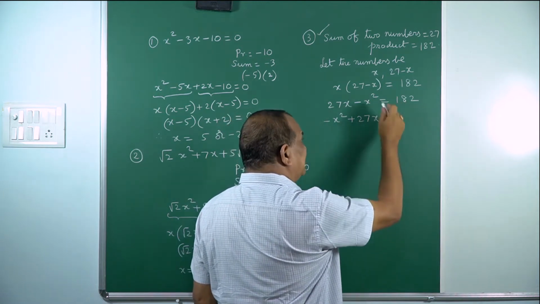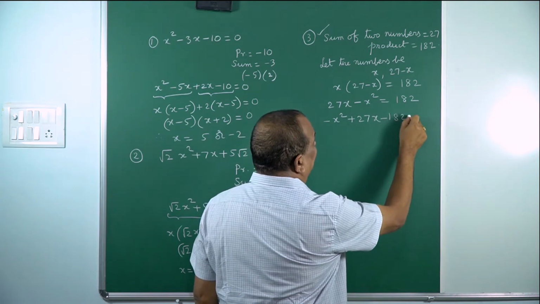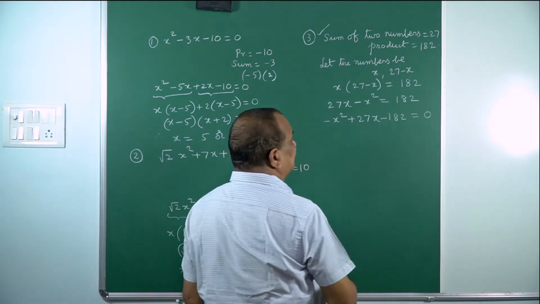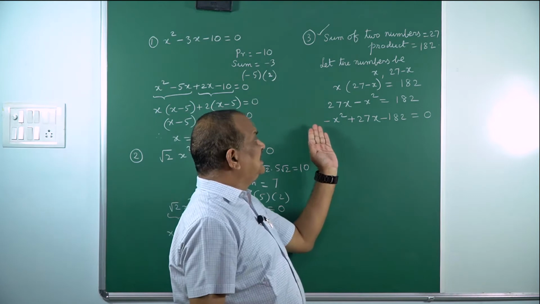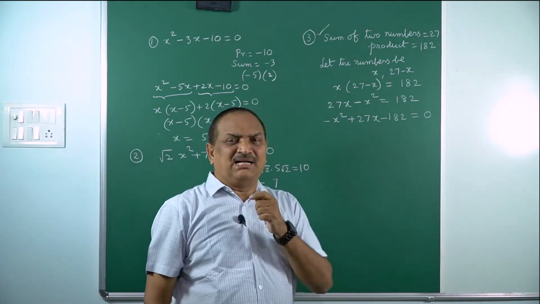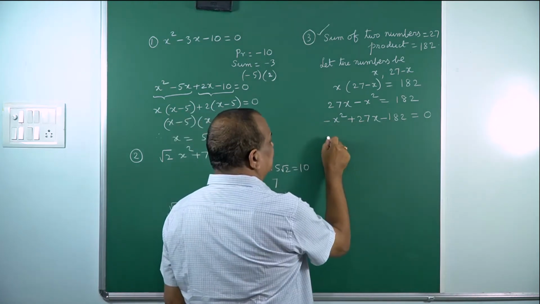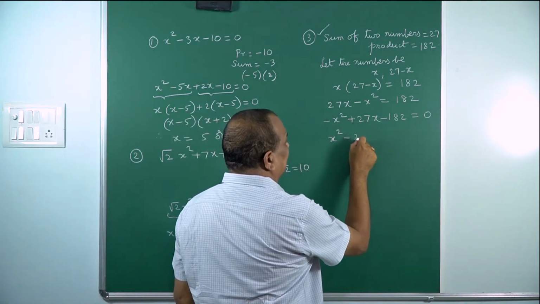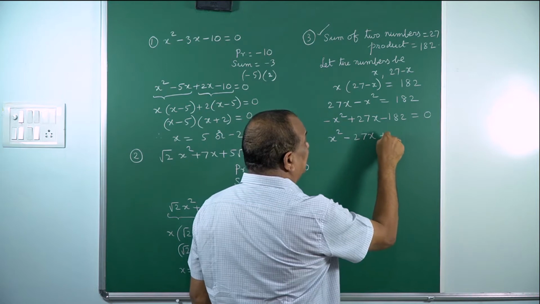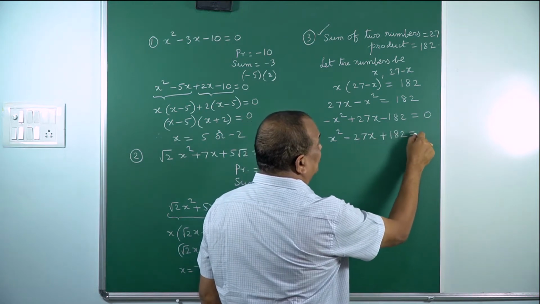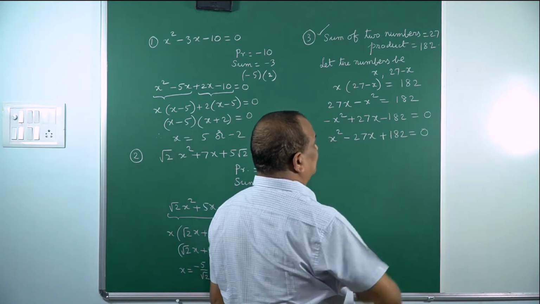I bring 182 this side, and that side there is nothing left. I can now change the signs throughout, multiplying by minus 1 throughout. Changing the signs, this becomes plus x square. Looks better. Minus 27x plus 182 should be 0.